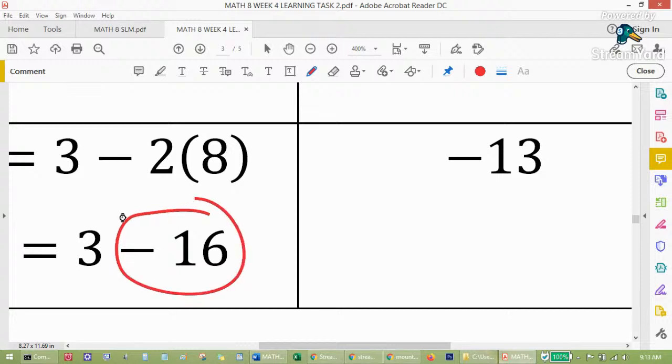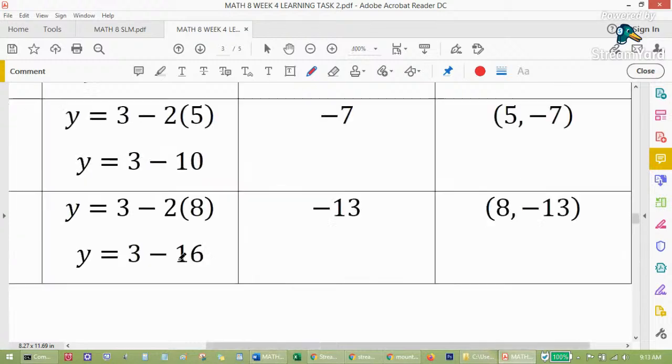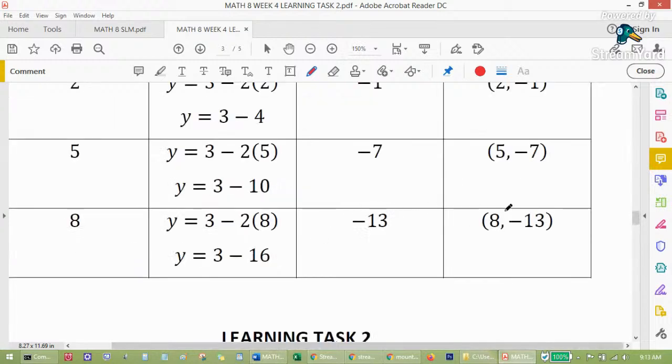Because this is negative and this is positive. Bakit negative? Because mas marami ang mga negative kaysa sa positive. So therefore, ang ordered pair natin dito is x is equal to 8 and y is negative 13.